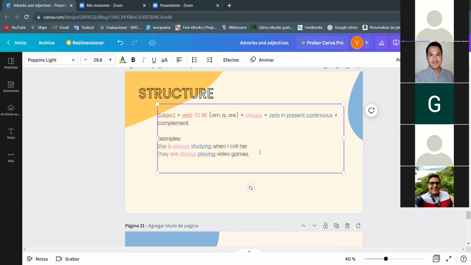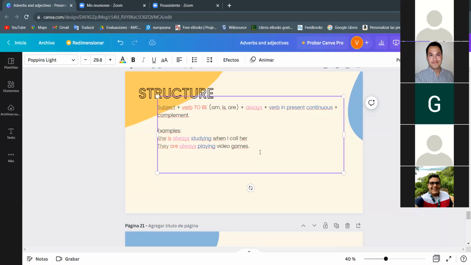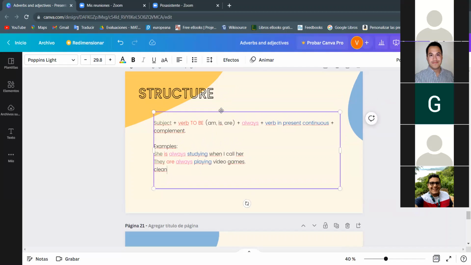So let's see. The verb, which one? Clean. Following the structure, can you give me a sentence using clean? Okay.